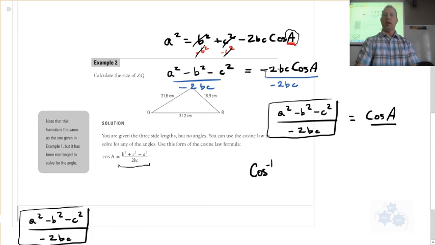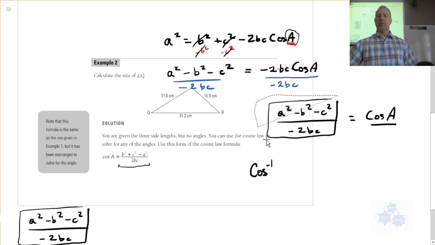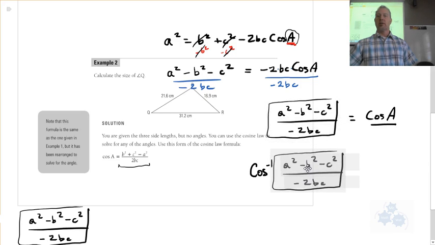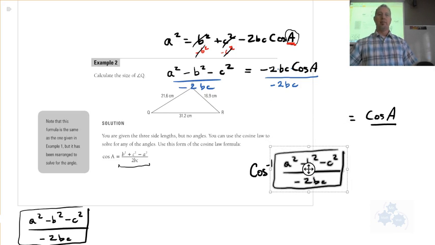We are dividing, because this is negative 2 times b times c times cos A. So we're dividing, not subtracting here. If this was a minus 2bc and we had to add it to both sides, this would be positive, but we're dividing, so we have to keep the same sign. So it would be the cos inverse of just this right here, equals A. Got it?